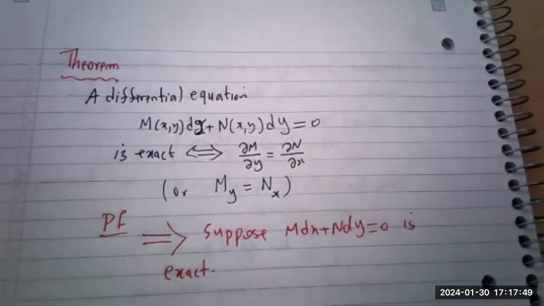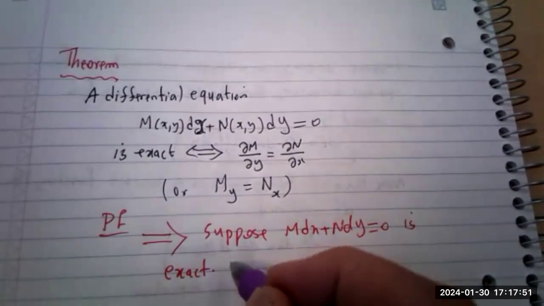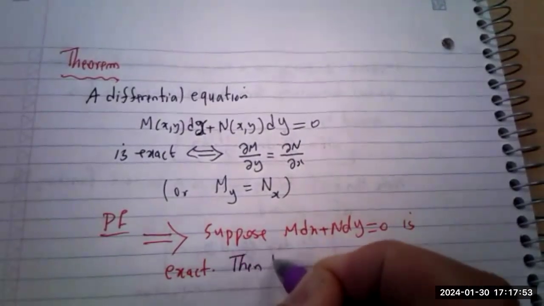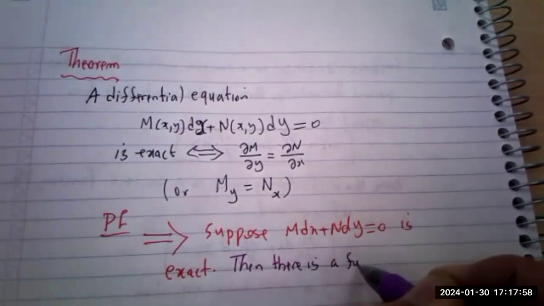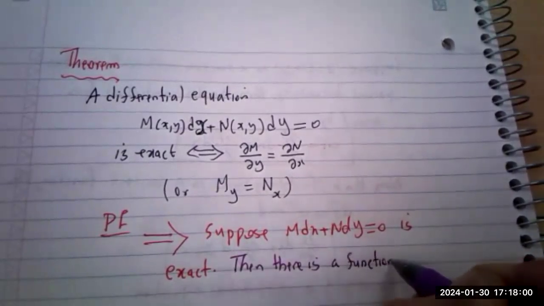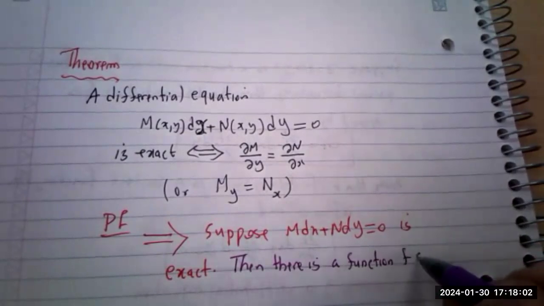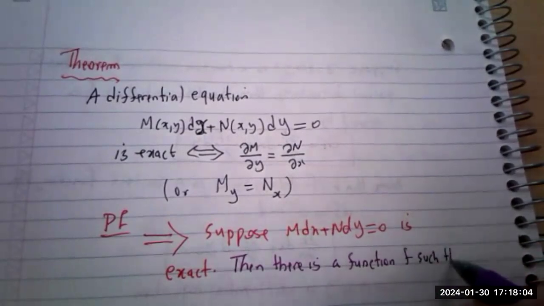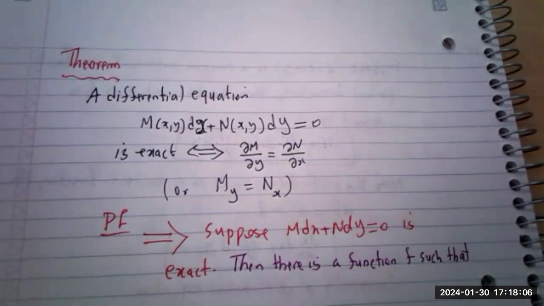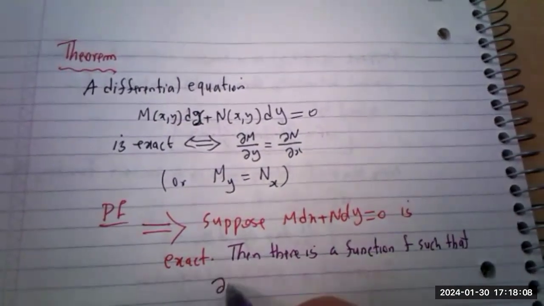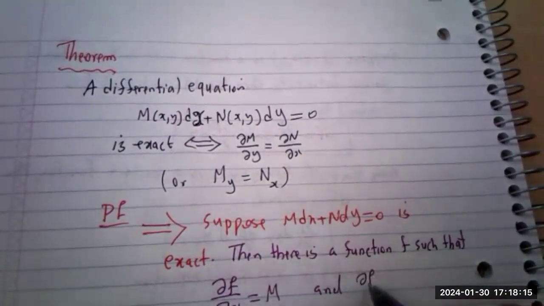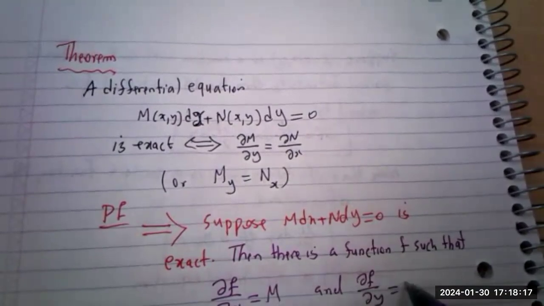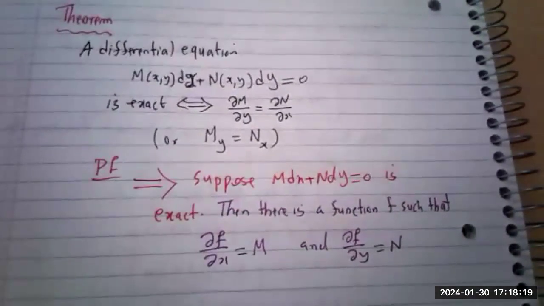Remember, it's going to be exact if you find that function. Then there is a function, the definition that I gave you, a function f such that the partial of f with respect to x is equal to M, and the partial of f with respect to y is equal to N. That's the definition that we gave you.